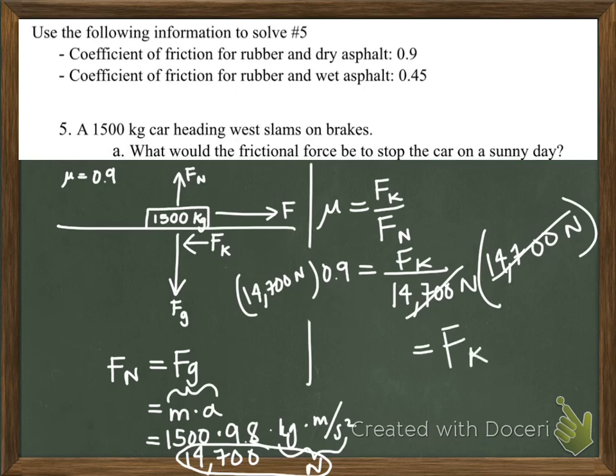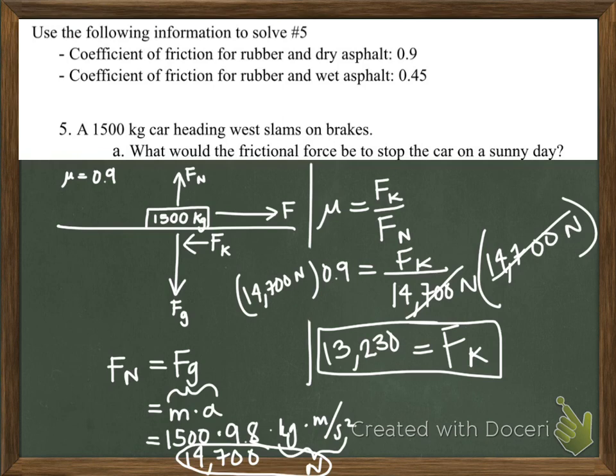kinetic friction on one side by itself, and we can multiply 14,700 times 0.9. It's going to be 13,230. So that's going to be my final answer. The force required to stop this moving vehicle is going to be 13,230 newtons.